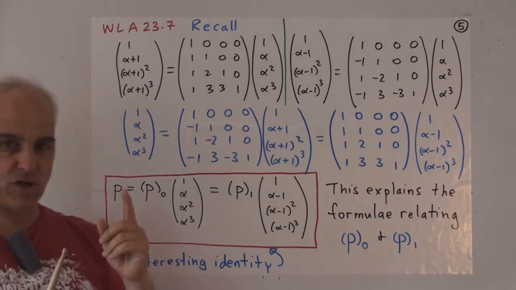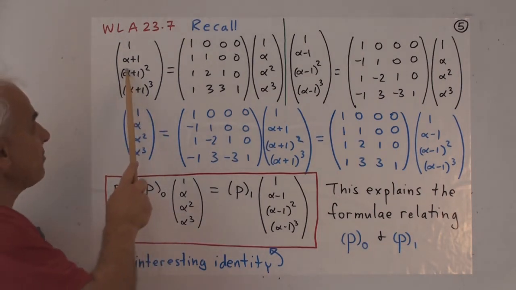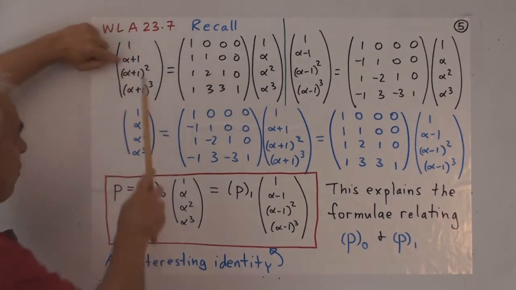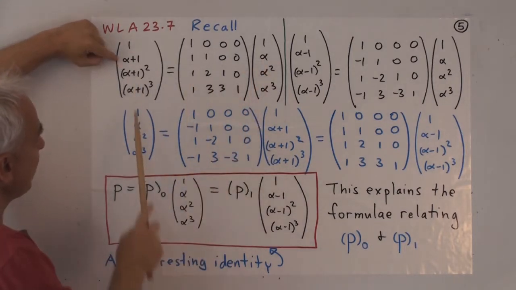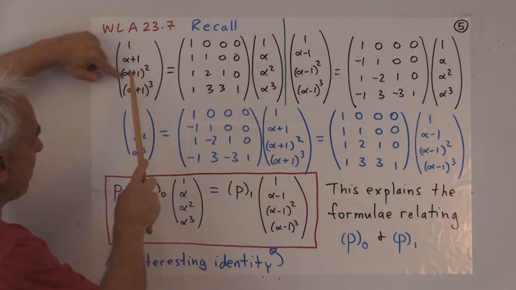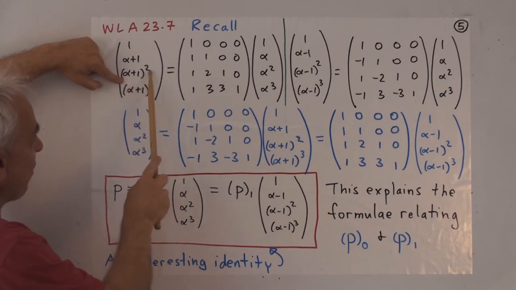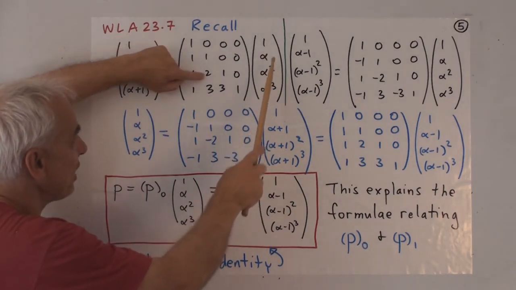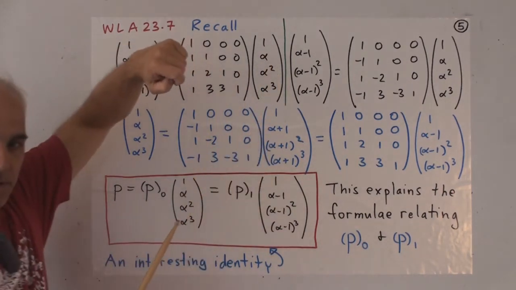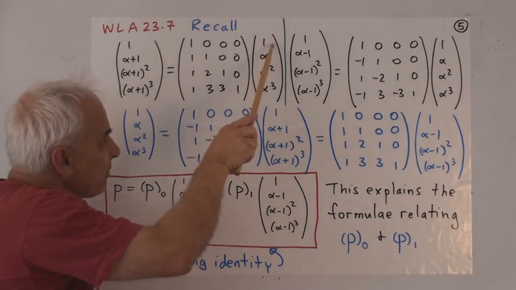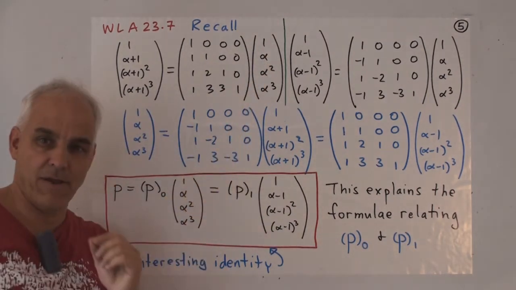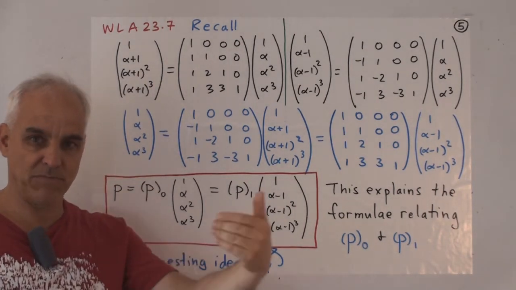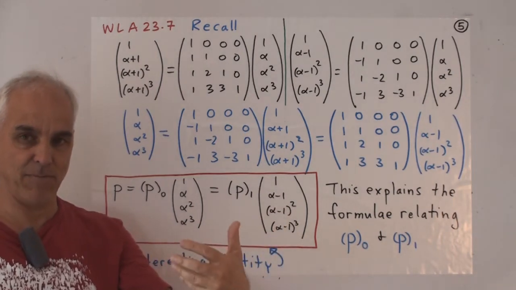But another interpretation is to think of this alpha as actually being a polynomial. And that what this equation is really reading is that the polynomial alpha plus 1 squared is the same as 1 times this polynomial plus 2 times this polynomial plus 1 times this polynomial. In other words, an interpretation where these things here are not so much numbers as actual polynomials. Polynomials being bigger things than just numbers.